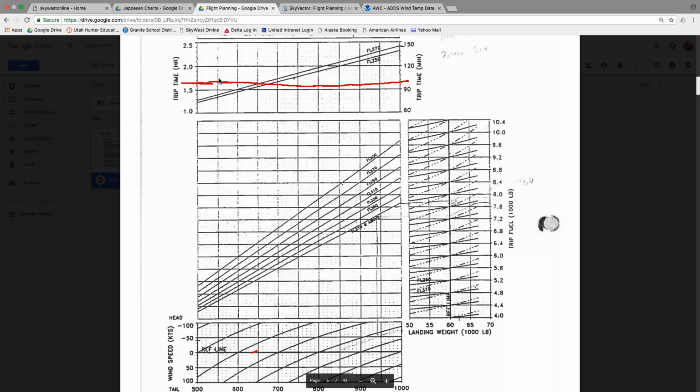Okay, you said 106 minutes, actually 96. That's what we're estimating, calculating for our average winds and heading.